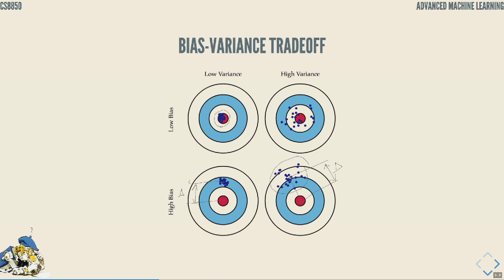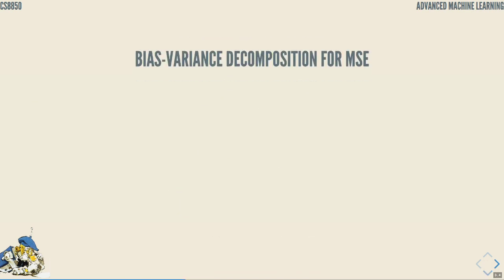So let's see a specific example. Bias-variance decomposition for mean squared error. So theta hat here is our estimate of the parameters, and theta are our true parameters.